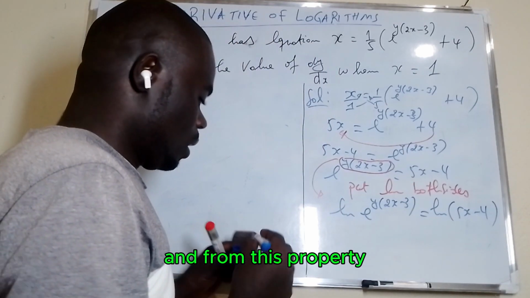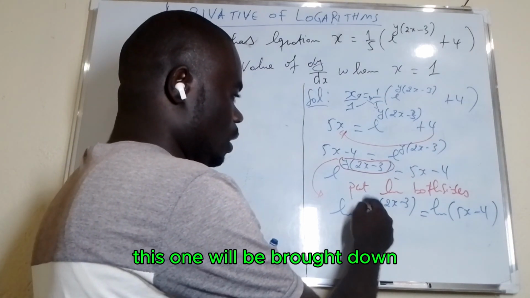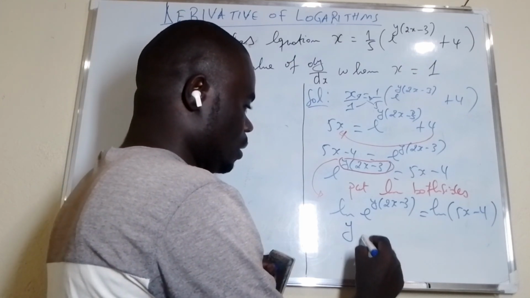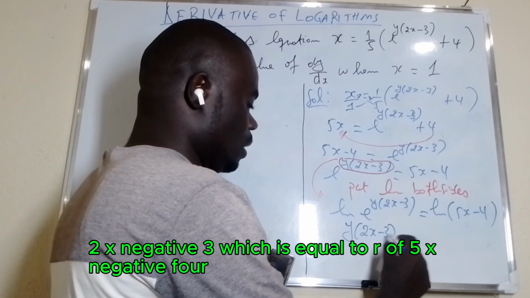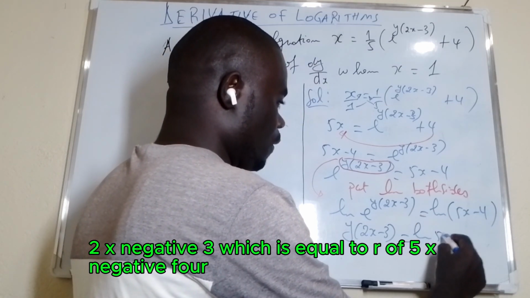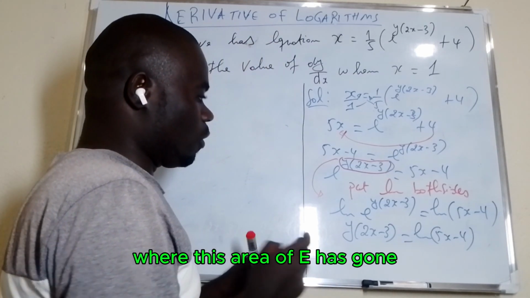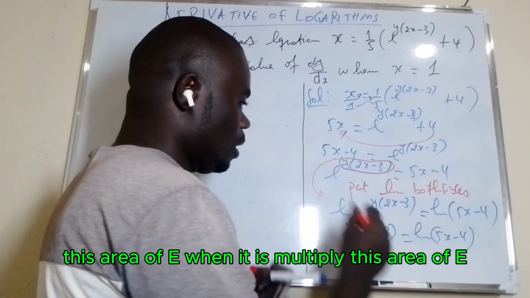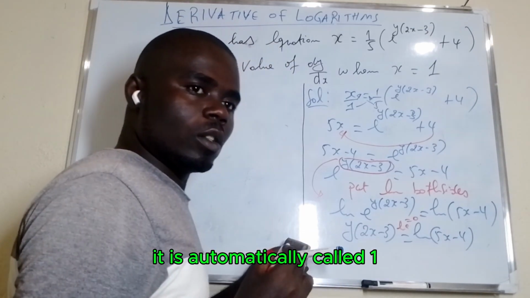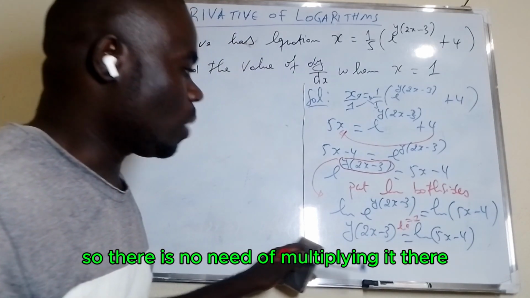From this property, the power is brought down. We have y(2x-3) equal to ln(5x-4), where ln e, when multiplied there, is automatically equal to 1. So there is no need of multiplying it there.